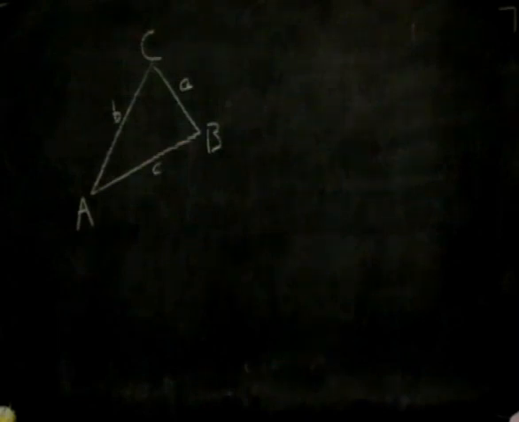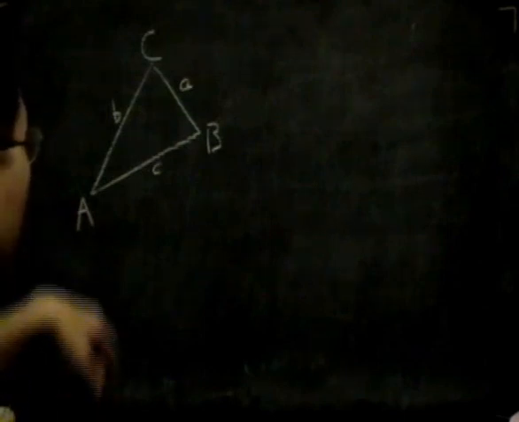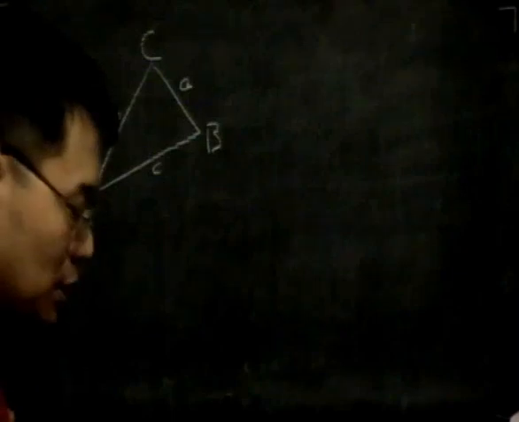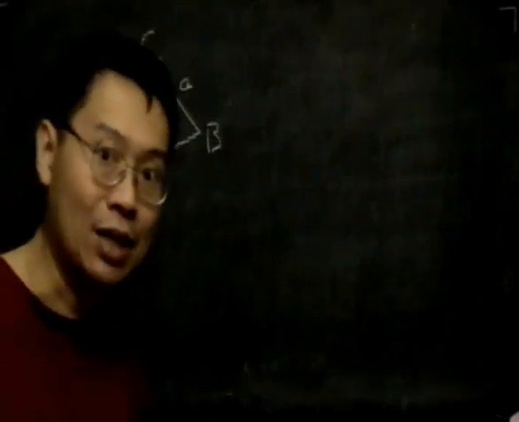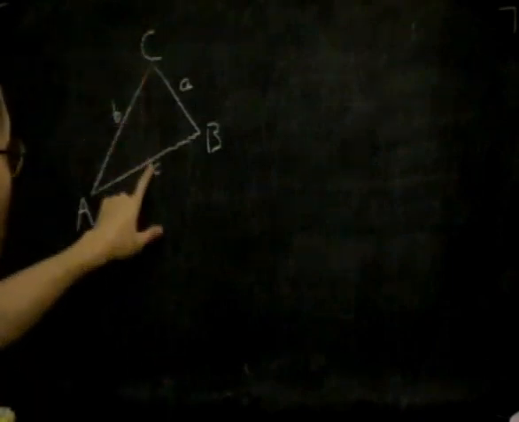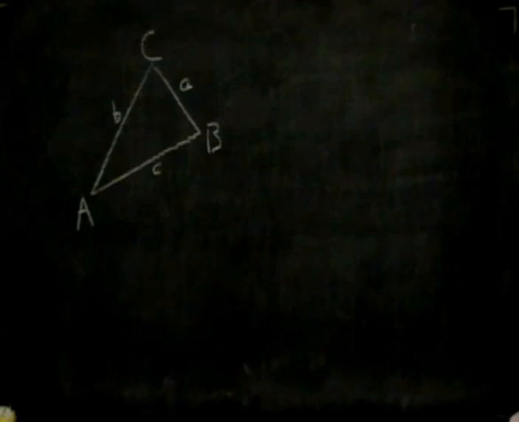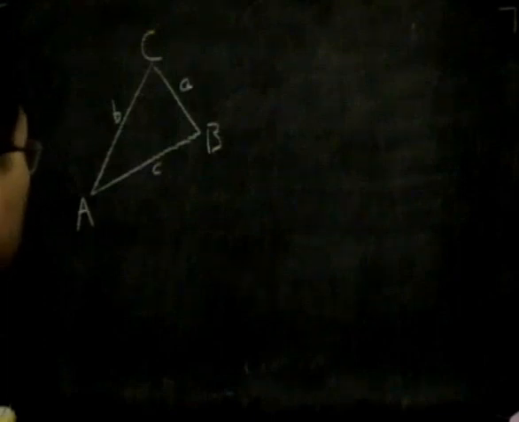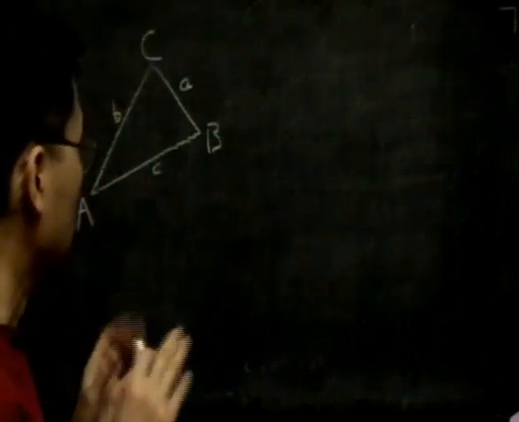This makes things more convenient because if we talk about a big C and a small c, we know that we're talking about the angle and the side opposite. So now that we have described these notations, we can start on the sine rule.